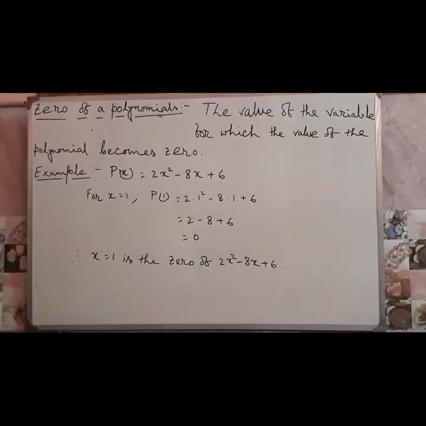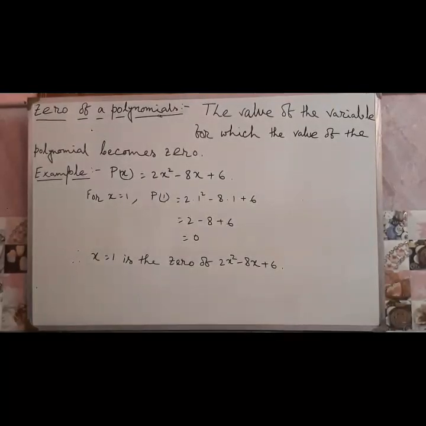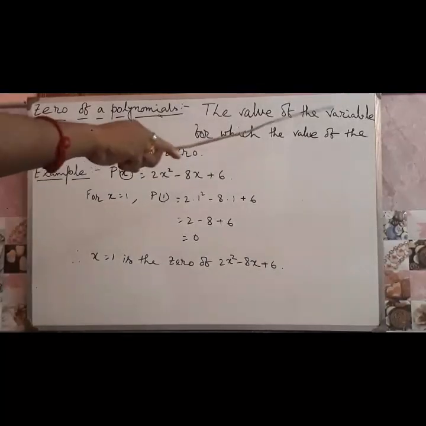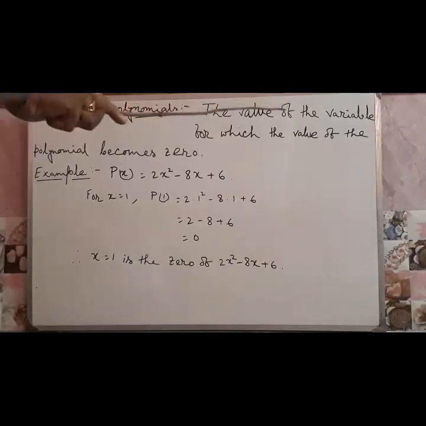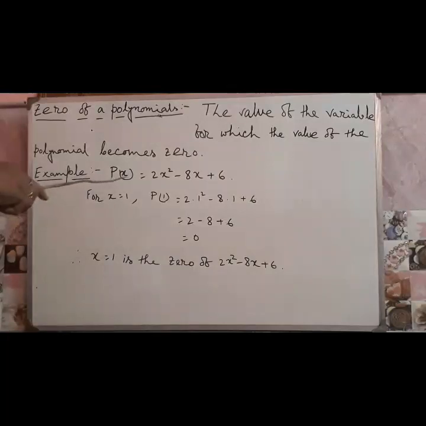Now, the zero of a polynomial. The value of the variable for which the value of the polynomial becomes 0 is known as the zero of that particular polynomial. For example, we took the polynomial p of x equal to 2x square minus 8x plus 6.